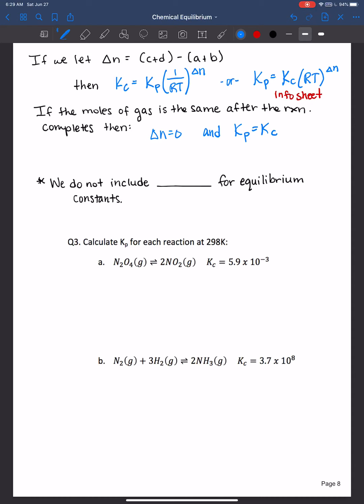Now, something I also want to make note of is that the change in moles can be negative. I think a lot of times students feel very uncomfortable with this concept, and I remember feeling uncomfortable too when I was first learning it.